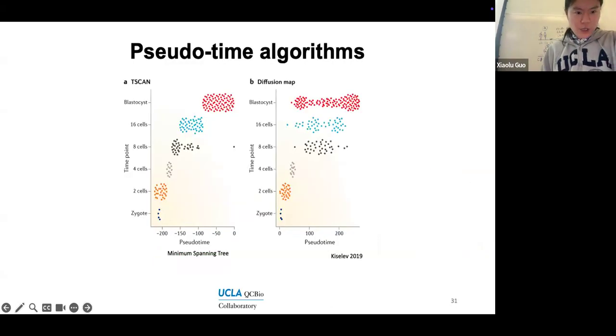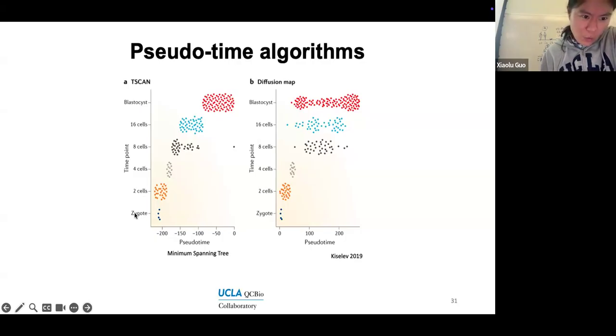And here is a paper that uses pseudo-time analysis. This is the pseudo-time algorithm that we will focus on and use. Here is data of the fertilized egg, the development of the egg, and using this analysis on that data set, what result it gave us.